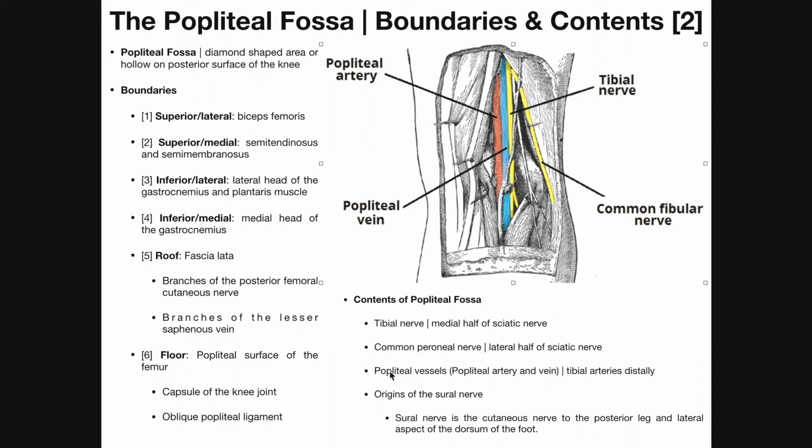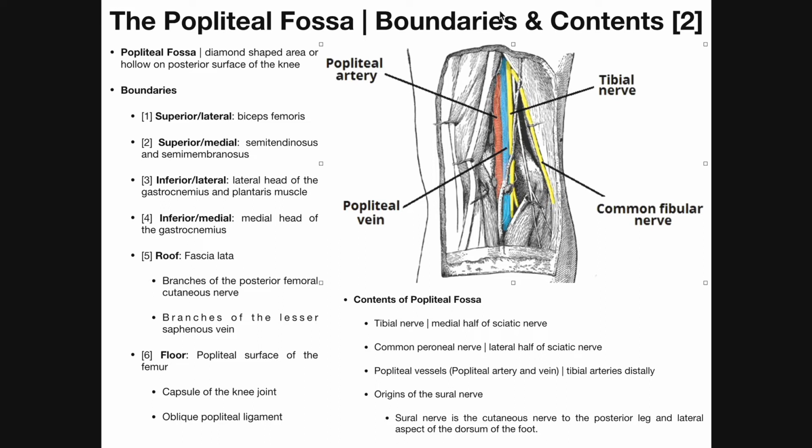And then we also have the popliteal vessels. That means the popliteal artery and the popliteal vein. One thing I want to remind you is when we're talking about the popliteal vessels, so we'll just talk about the popliteal artery. Remember, above the popliteal fossa, while still in the adductor canal, it's called the femoral artery.